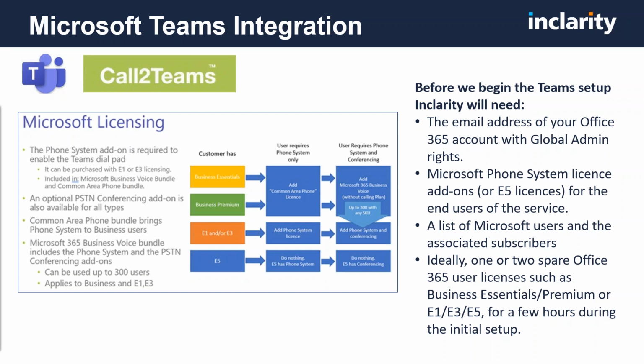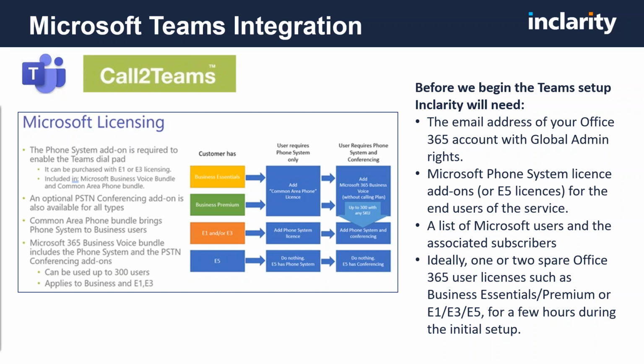We need you guys to make sure that you have the required Microsoft licenses. So going back to what we said just a moment ago, either the common area phone license or the 365 Business Voice license. Then we need a list of the subscribers that we are going to be activating this service on, as well as their associated Microsoft email addresses.